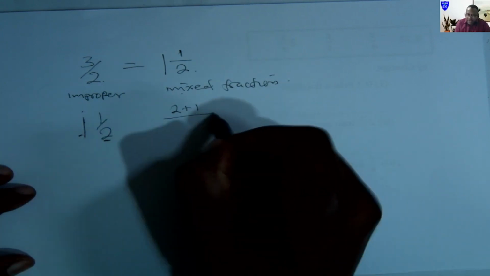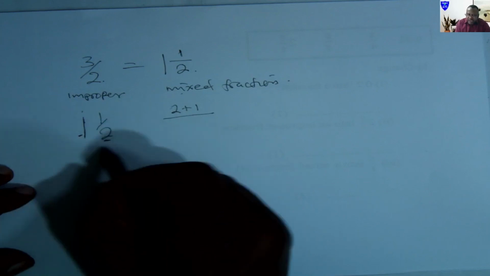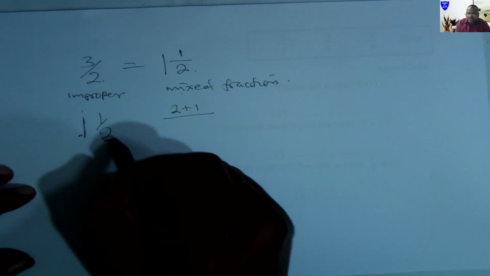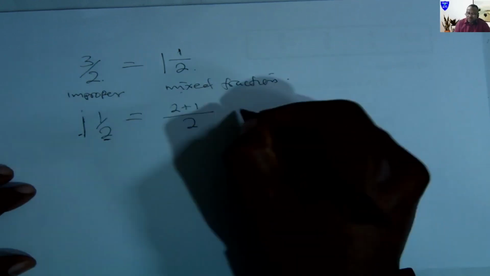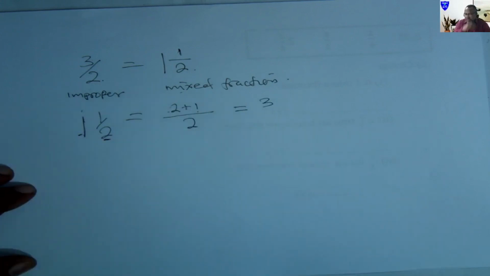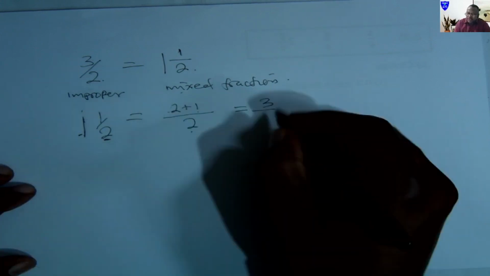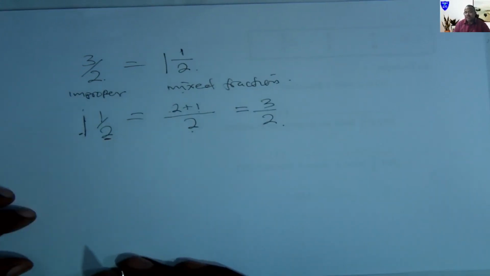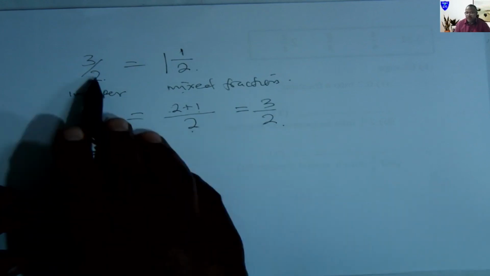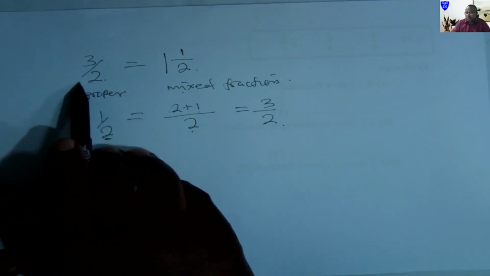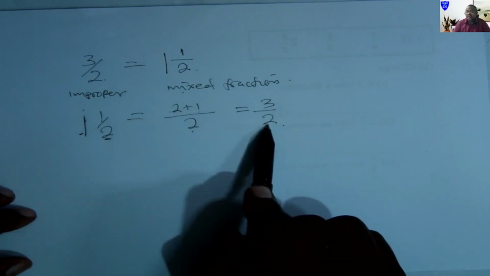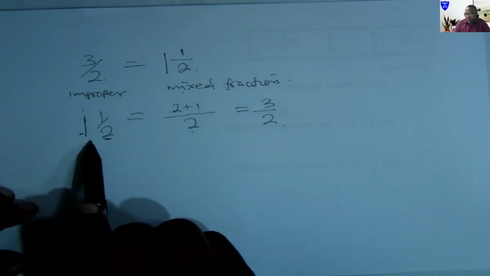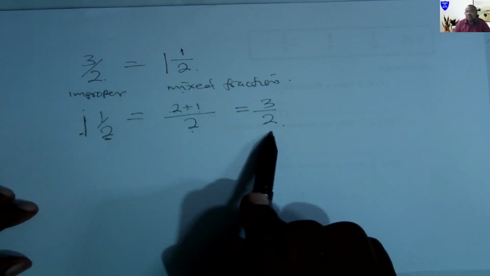We draw the line there and retain the denominator here. You simplify that, that will give you 3. 2 plus 1 is 3, and then you retain the denominator. So this is very clear guys. We've now moved from an improper fraction to a mixed number, and then back to an improper fraction, from a mixed fraction into an improper fraction.